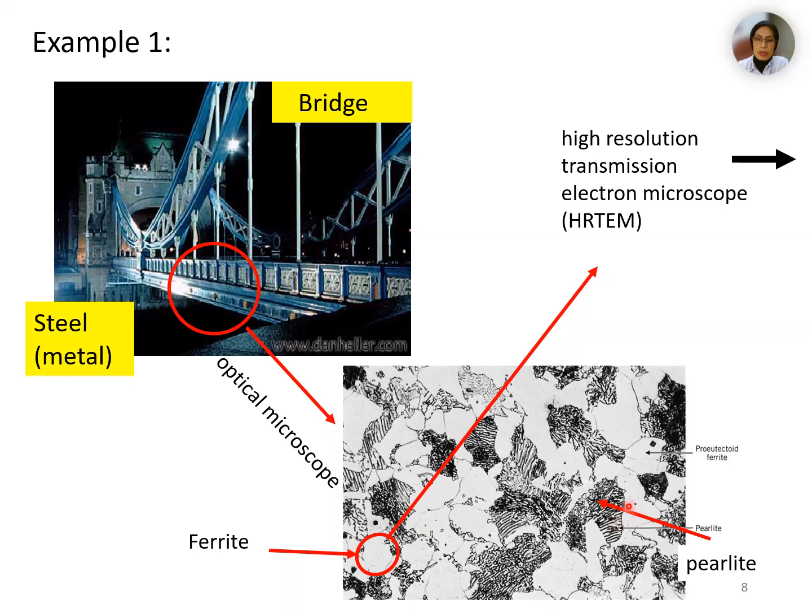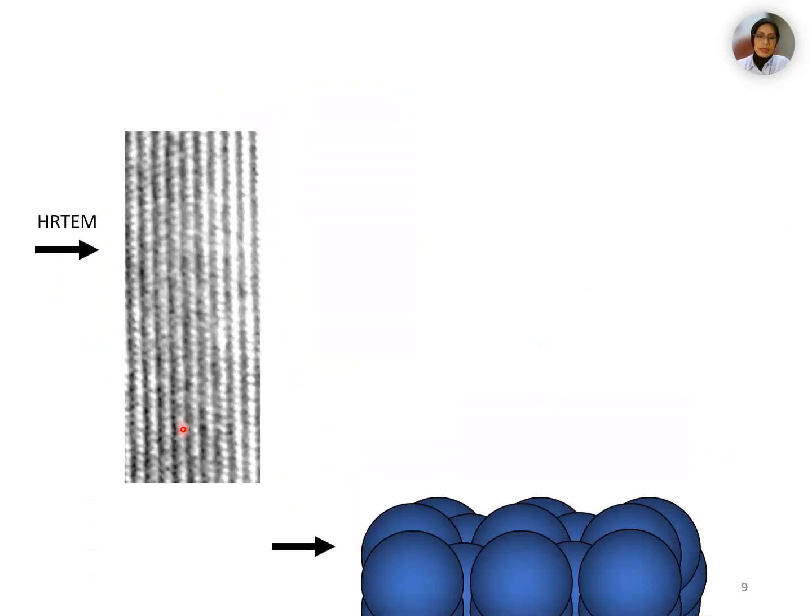The first one is the pearlite. The pearlite is this black, stripy one, and also the ferrite. The ferrite is the soft phase, the white one here. If the ferrite is looked at under the high resolution transmission electron microscope, it will look like this.